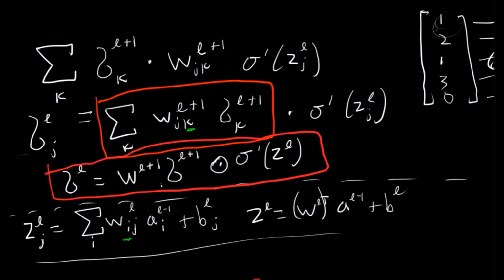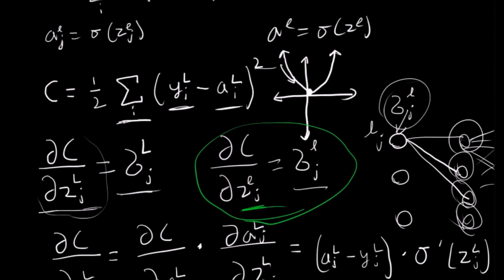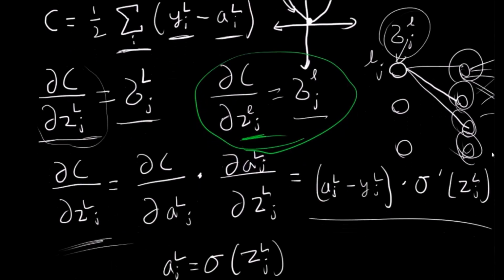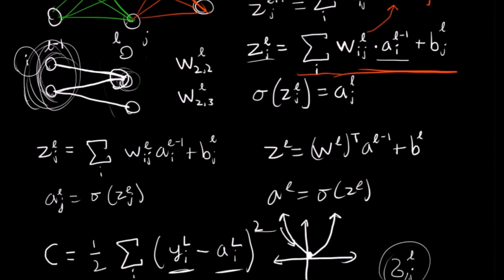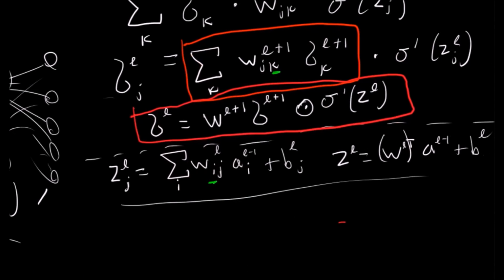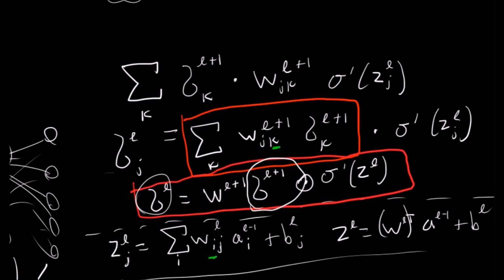This is really great, because what we've done is define a way to get delta L, the vector representation of all the deltas in layer L, based on the deltas in the next layer.